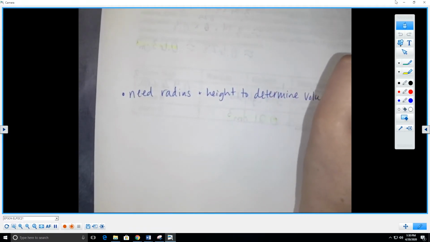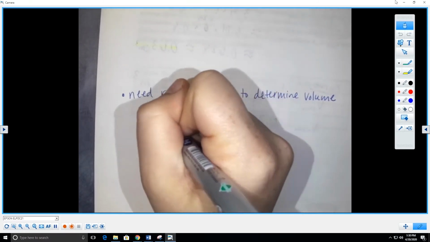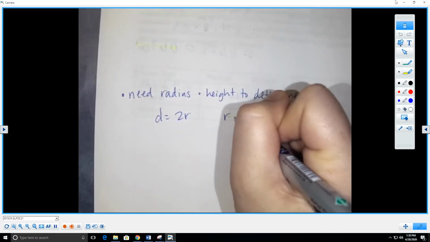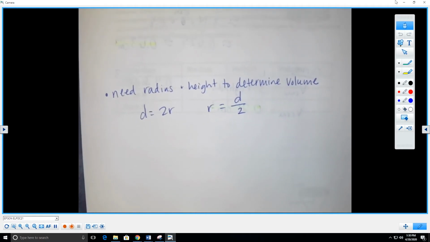If only the diameter is provided, remember that the diameter is twice the radius. So diameter is twice the radius, and we can get the radius by dividing the diameter by 2, okay?